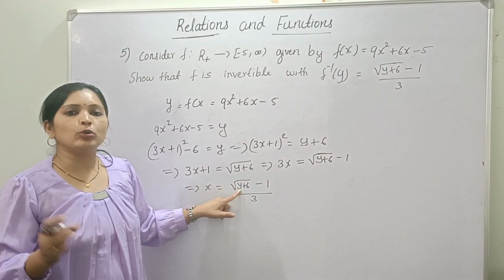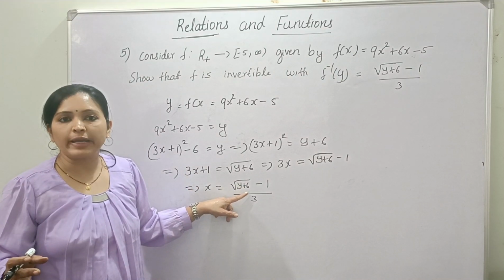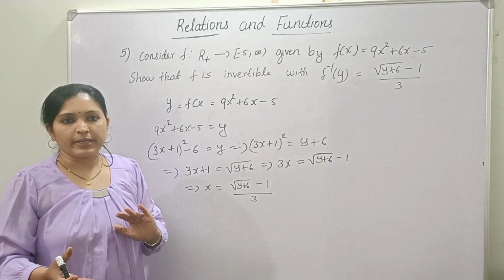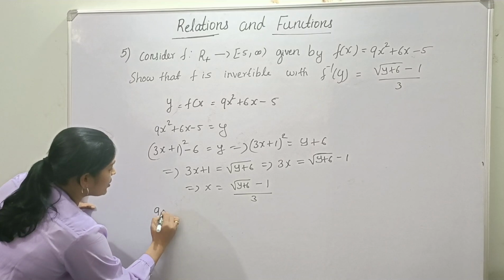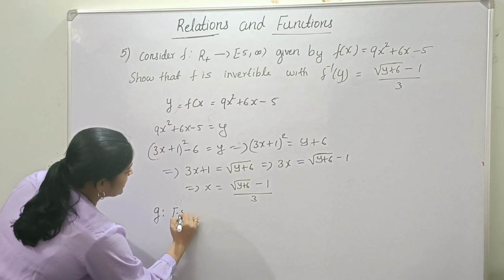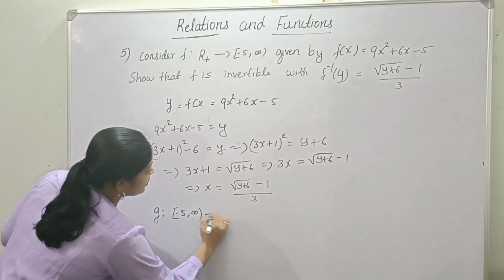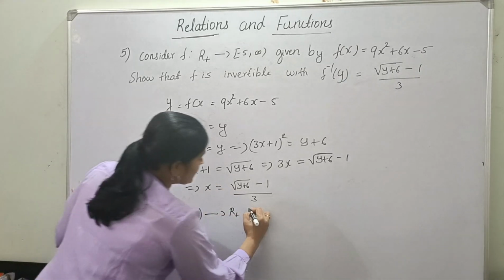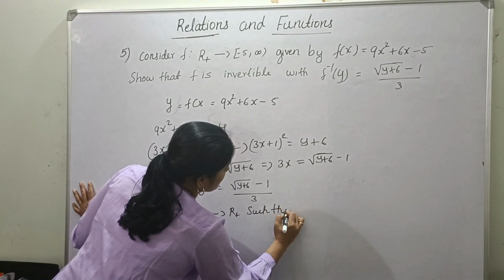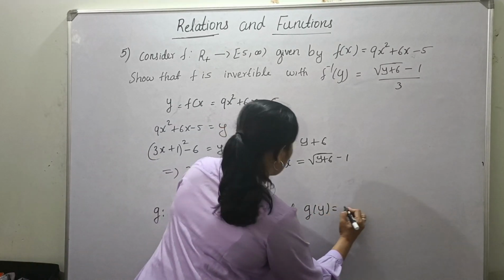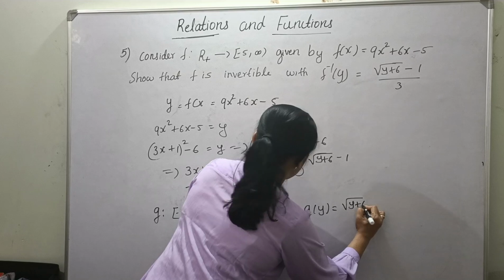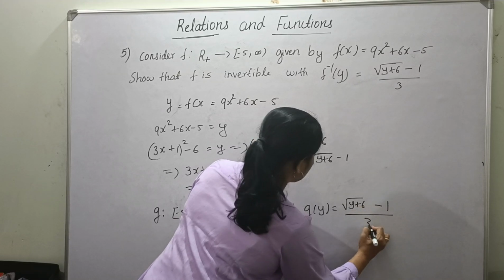For y equal to minus 7, you will get the square root of minus 1. It will be a complex, imaginary number. So here we can define a function g from minus 5 to infinity to R plus such that g of y is equal to (square root of y plus 6, minus 1) divided by 3.